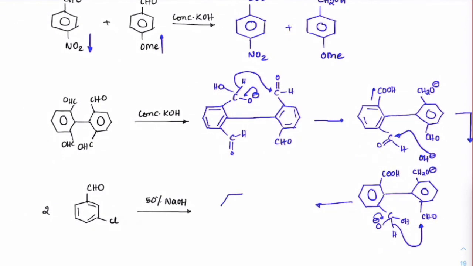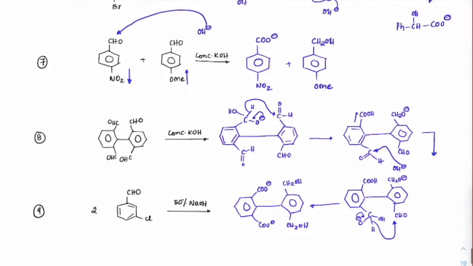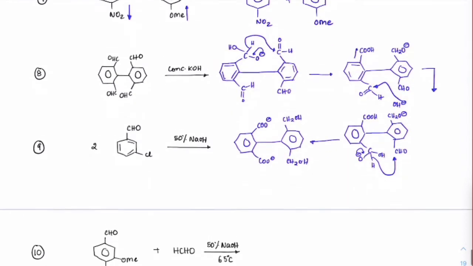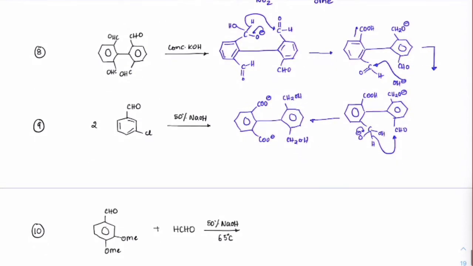Eventually we will have this side CO minus, this side also CO minus, connected with CH2OH and CH2OH. This is the major product observed. So both sides acids, both sides alcohol. Please make a note of that.